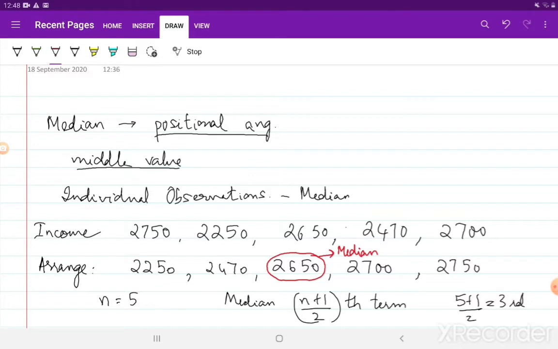Remember, I told you that median is a positional average, which means numbers less than 2650 will be 2, and numbers greater than 2650 will be the other 2. So that is the middle value, the positional average that splits the entire set into 2 equal sizes.